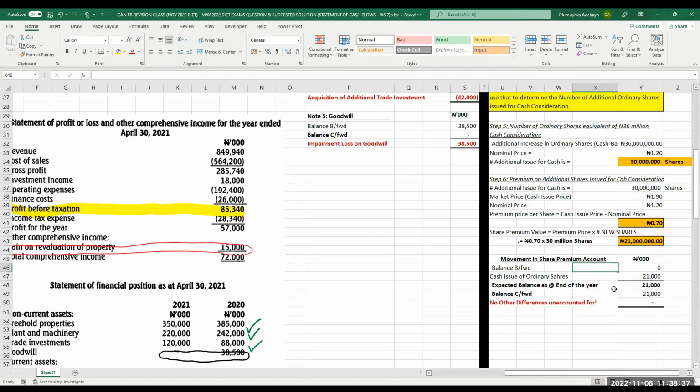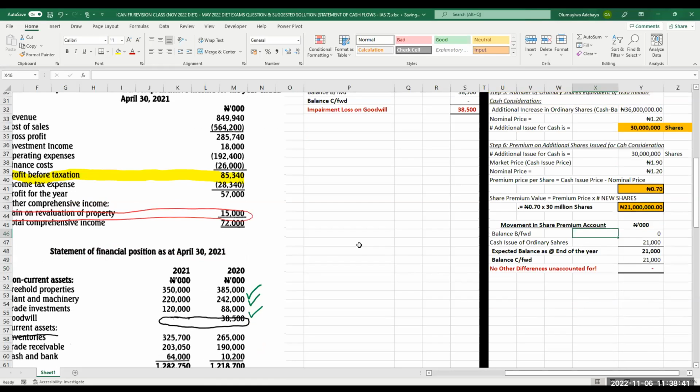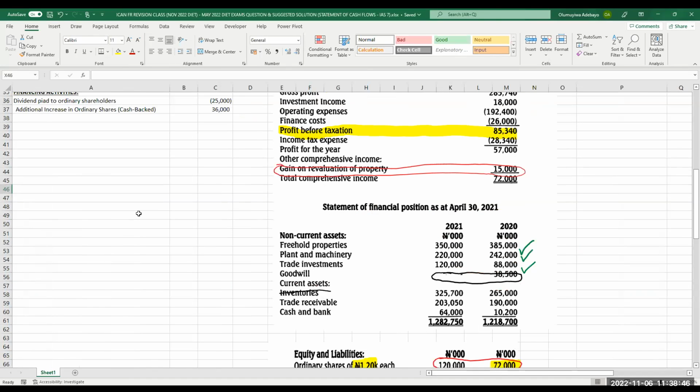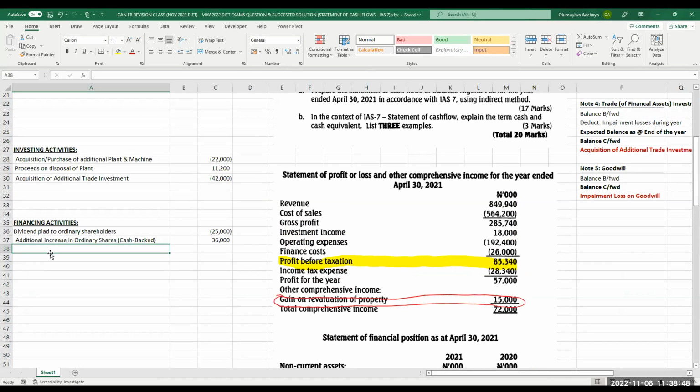And that's it. Which means that here we have cash consideration for ordinary share. We also have premium.